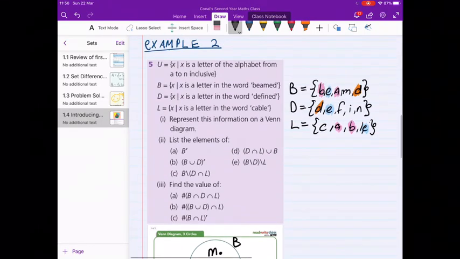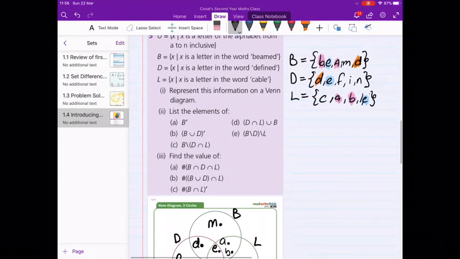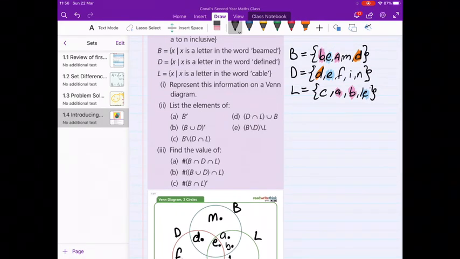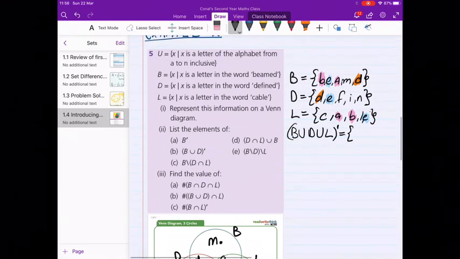Now we were told the universe was the letters from A to N inclusive. So we think, what is not in these? So if I go B union D union L complement, that'll mean everything that's outside them.